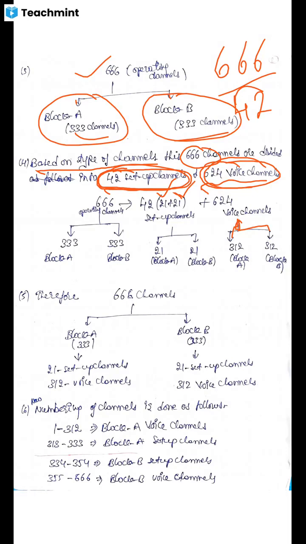So finally, the 666 total available channels are divided into block A with 333 channels and block B with 333 channels.